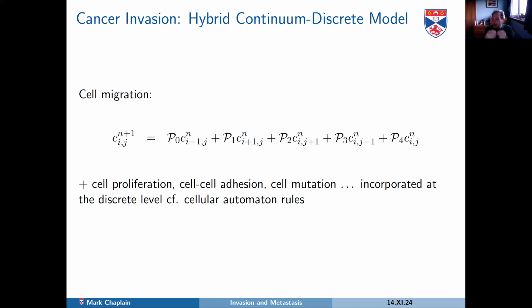So at a time step, a cell may have a probability of becoming more proliferative, and so it would proliferate more, or it would become more haptotactic, more adhesive to the matrix, and essentially move faster. So you can incorporate that into the model with mutation rules at each time step.